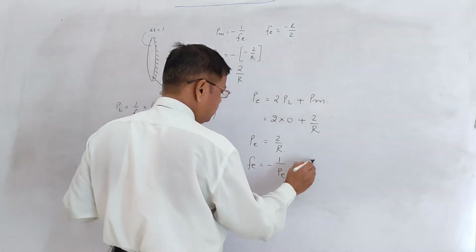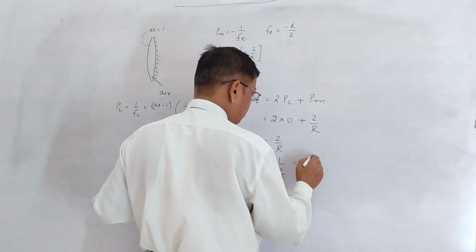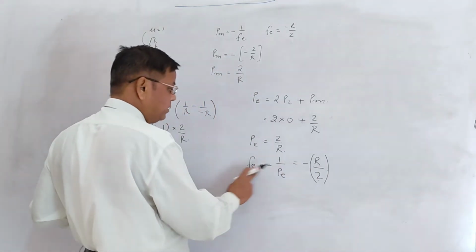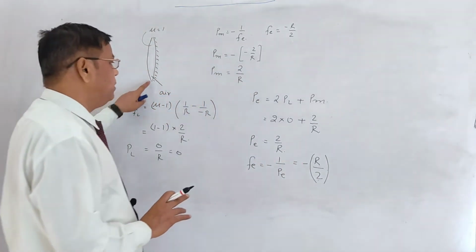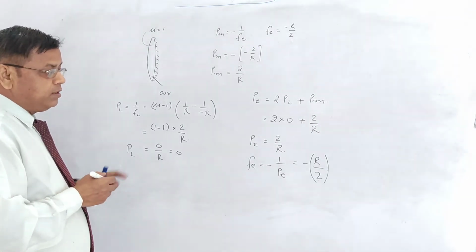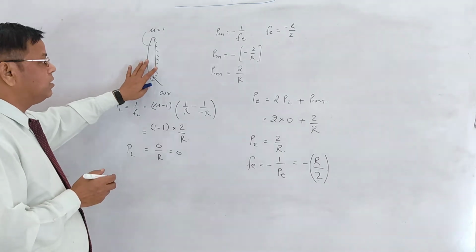So it is minus R by 2. And R you have to take only the numerical value, so this whole term is positive. It means focal length is negative, so it will behave like a concave mirror of focal length R by 2.